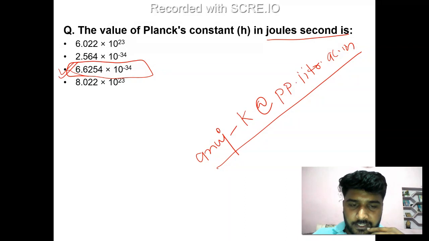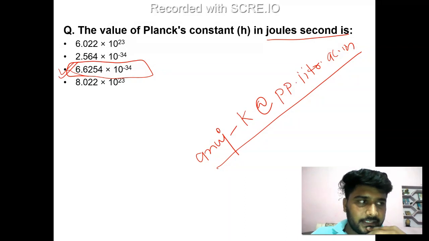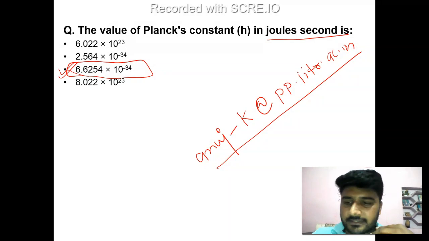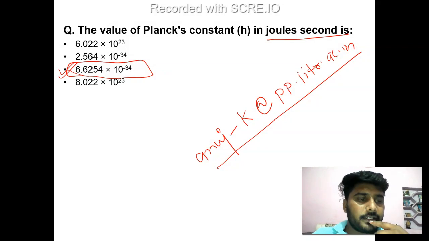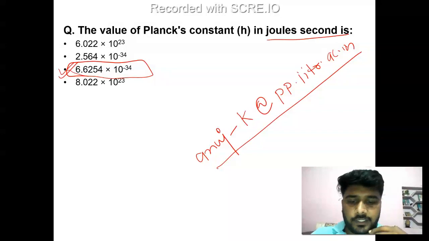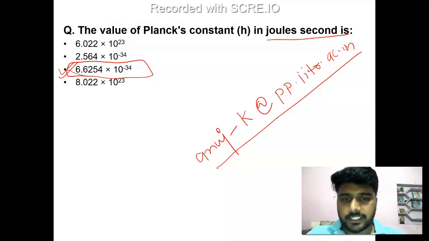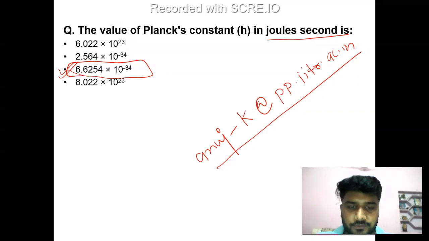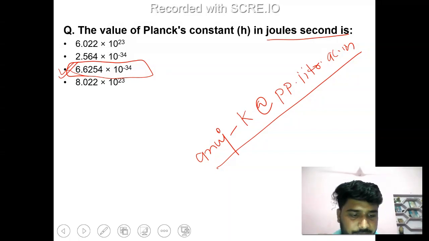You can only request them to extend the date, but as far as I know, they will not allow it. But you can solve the assignment and submit it as soon as possible, so that the deadline is not missed.